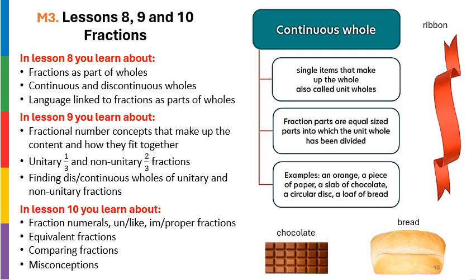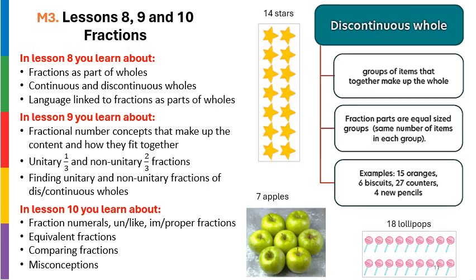Examples are an orange, a piece of paper, a slab of chocolate, a circular disc, or a loaf of bread. The pictures I have around that is of a red ribbon, so the entire length of that ribbon is a continuous whole. The loaf of bread is a continuous whole, and the slab of chocolate is a continuous whole.